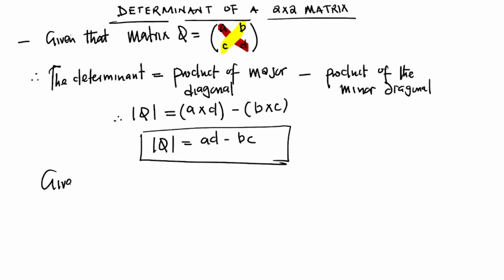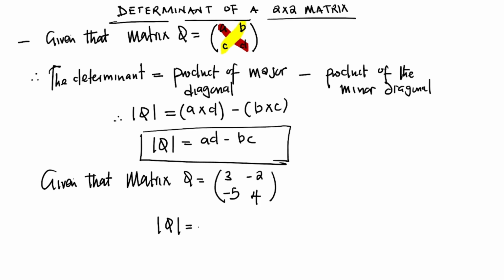Given that matrix Q is equal to 3, 4, -5, -2, then the determinant of that matrix Q will be equal to 3 multiplied by -2, minus 4 multiplied by -5.